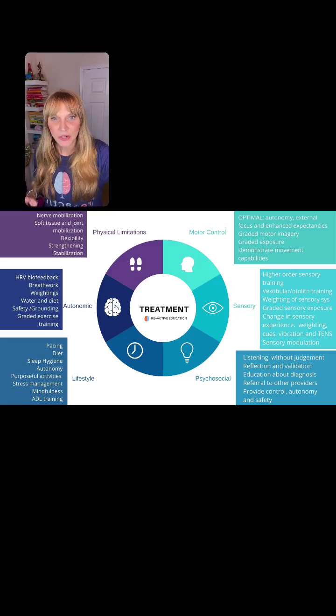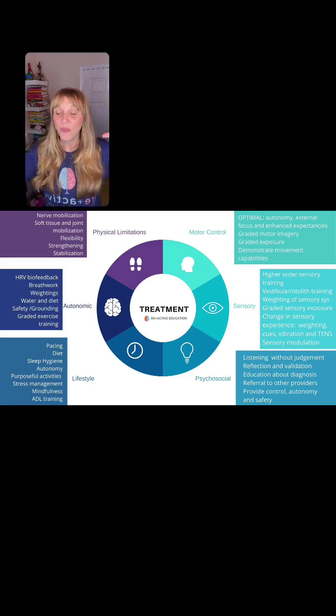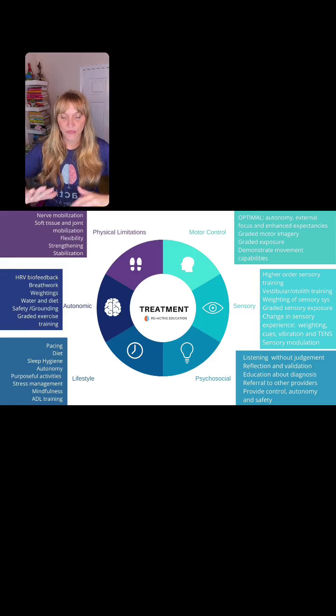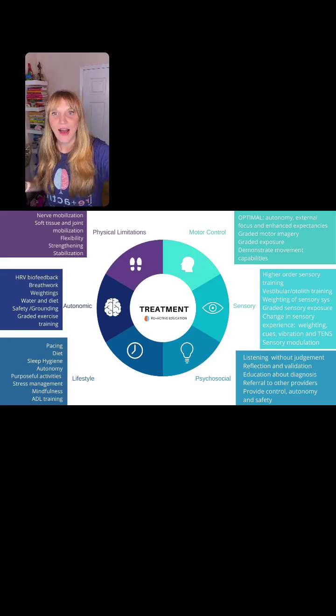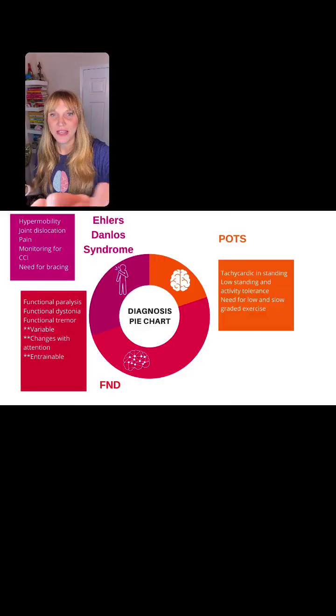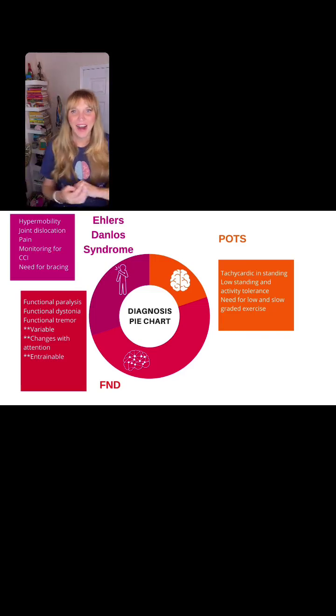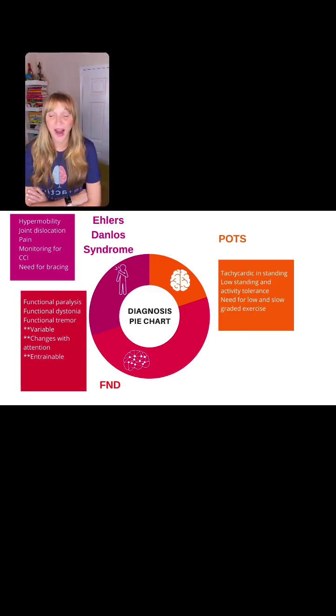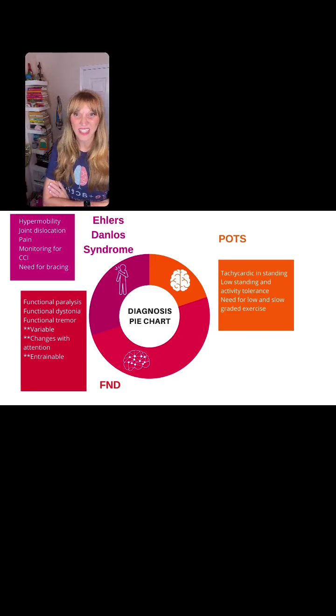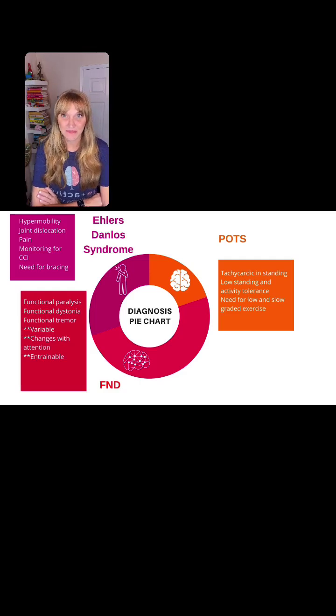So I'm going to bring in a different pie here because this is very, very important. We talked about those underlying roots of FND. I want to come into another pie chart now. And that is, I've never met a person with FND that only has FND.